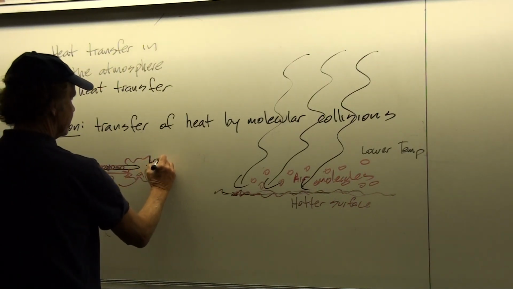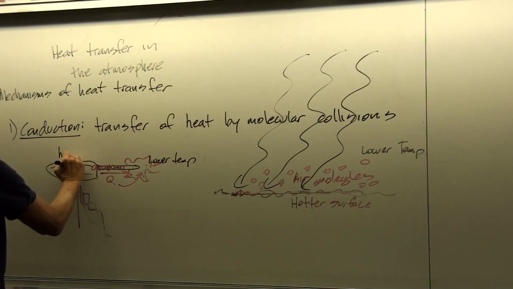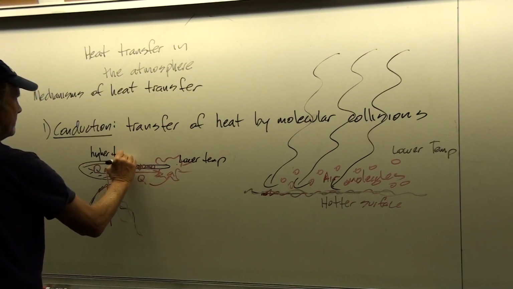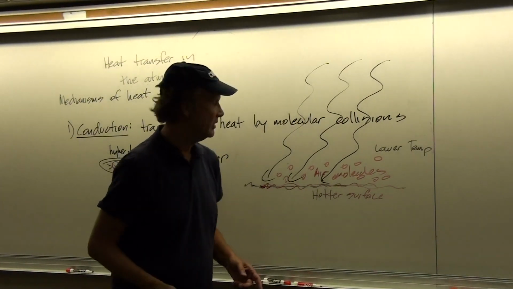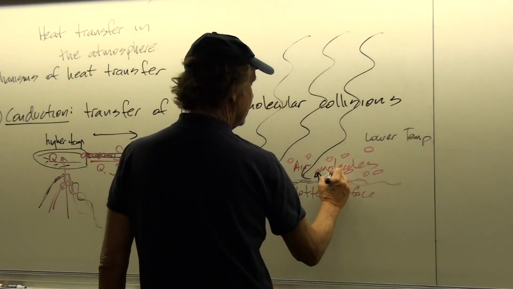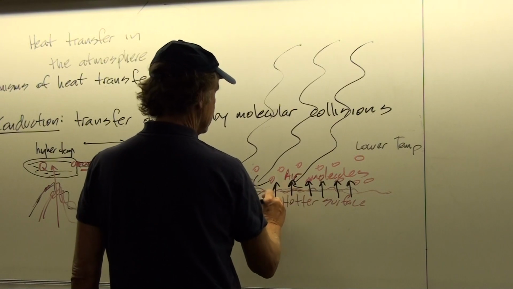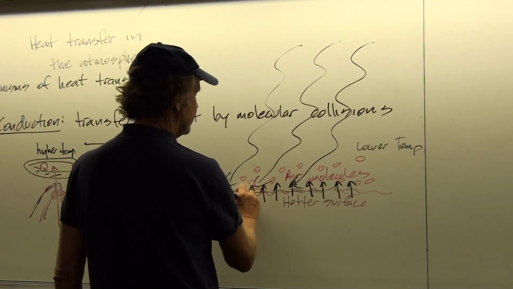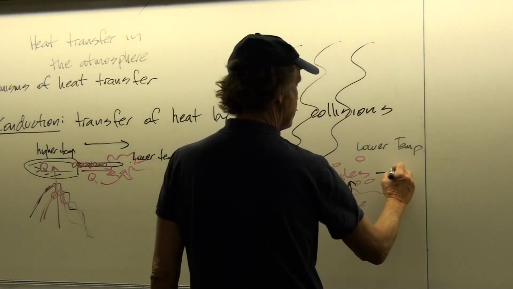This is lower temperature. This is higher temperature. So the heat then flows from higher temperature to lower temperature. And the same thing happens here. The hotter surface then collides with the molecules, and each time the molecule collides with the surface, the molecules pick up some extra energy.